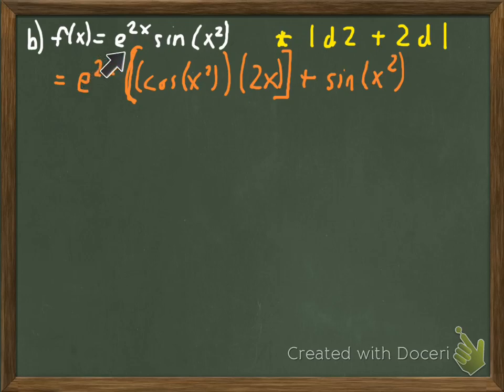You're going to get e to the 2x times 2. Now what's left for us here is to clean this mess up a little bit. For this first term right here, we can make that 2x e to the 2x cosine of x squared.